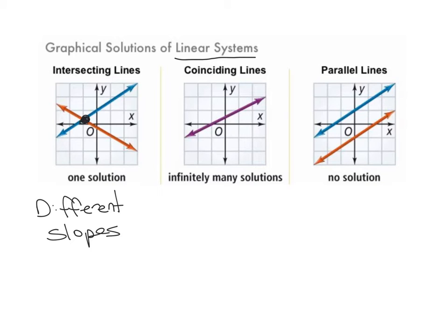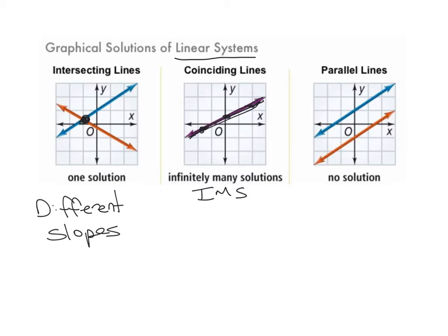You could have, and these next two examples are a little bit more rare, two lines that end up being on top of one another. All right, so this line here, they make it purple. They just kind of combine the two colors there. But they say that they're coinciding, which means on top of one another. Anytime that happens, they have infinitely many solutions, or IMS, we can shorten that, because every point that's on the line is on both lines, right?